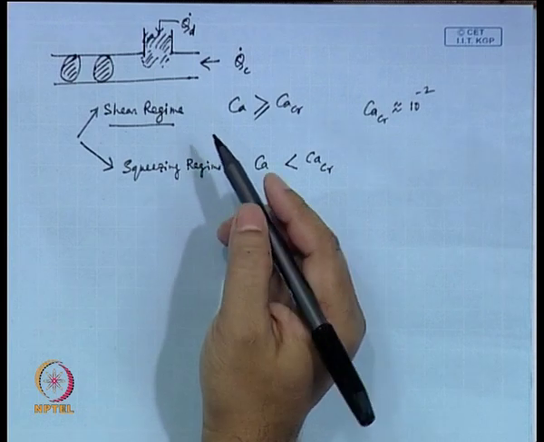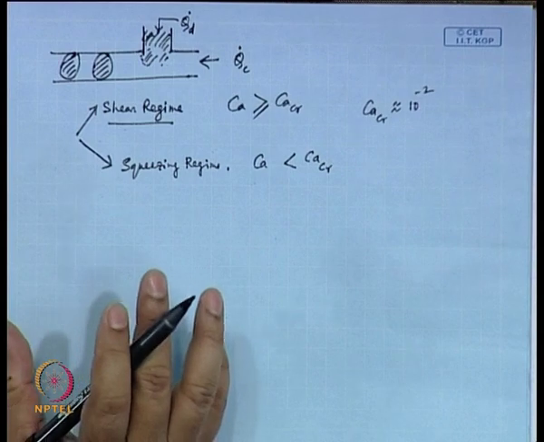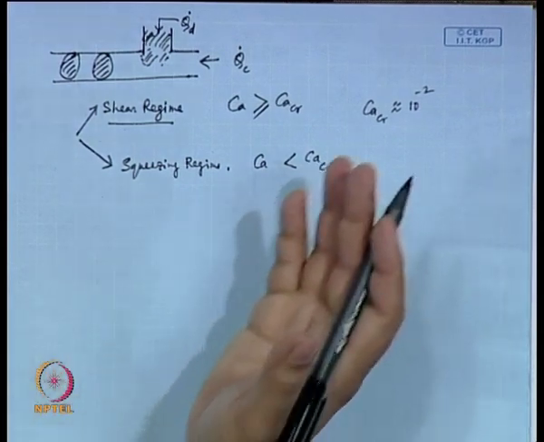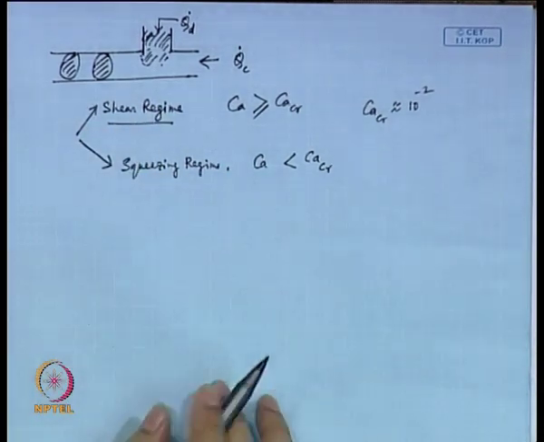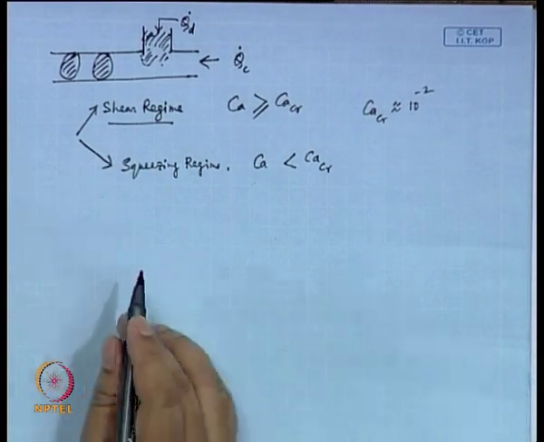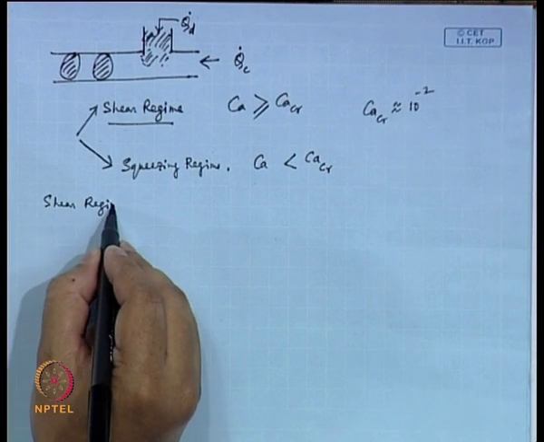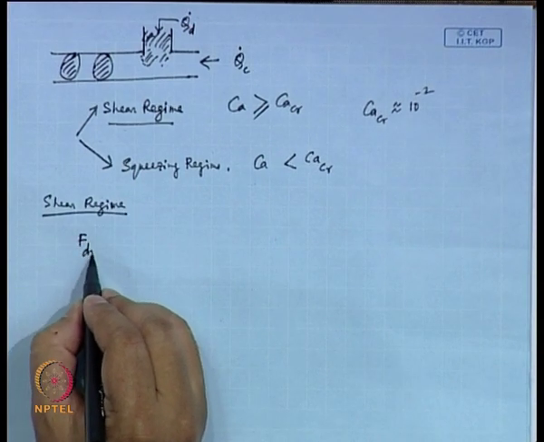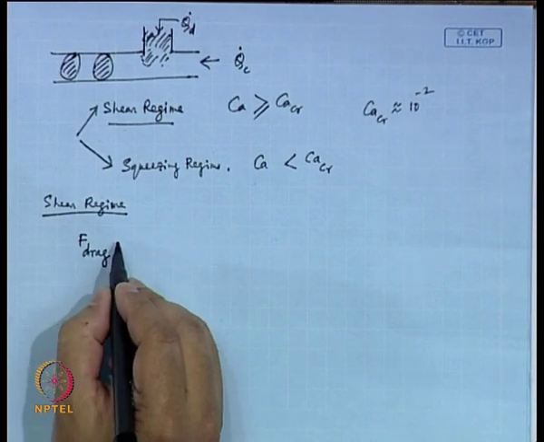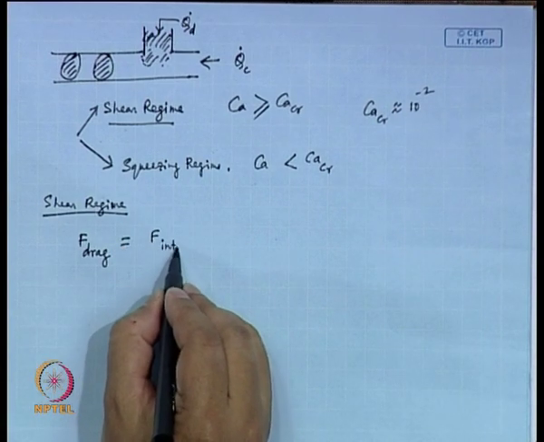Now, a very common analysis suggests, if somebody wants to know, given QC dot, QD dot and the capillary number, what would be the size of the droplet, for the shear regime a simple calculation would be that the drag force by the carrier fluid is equal to the interfacial tension.